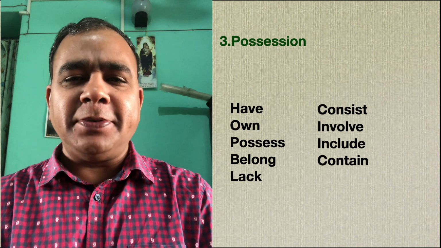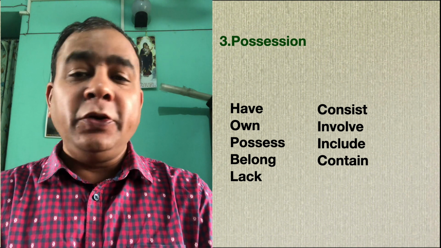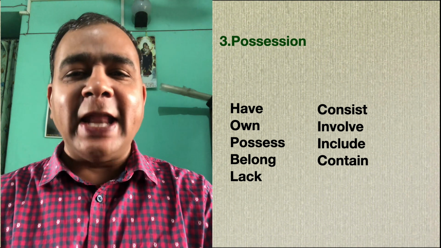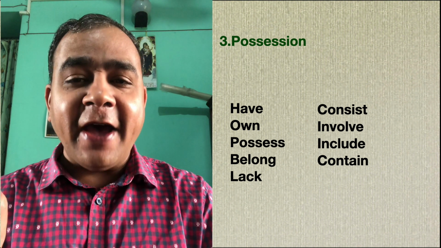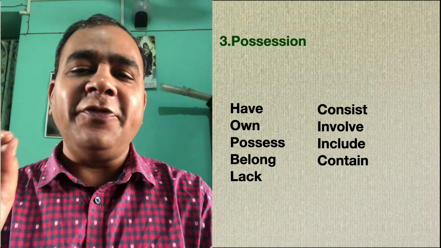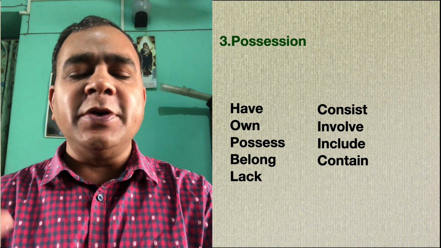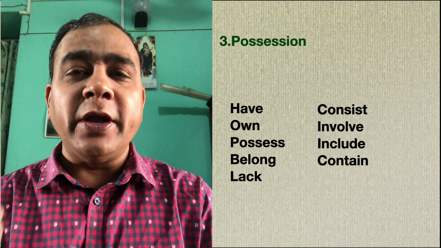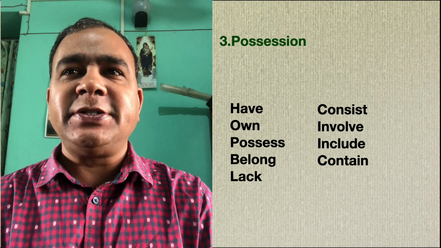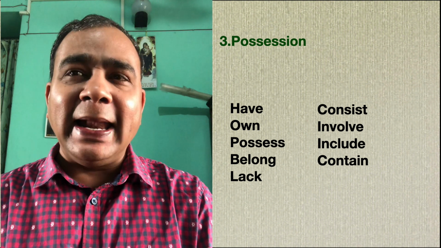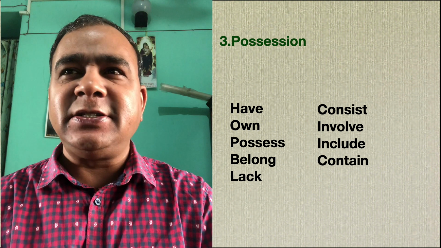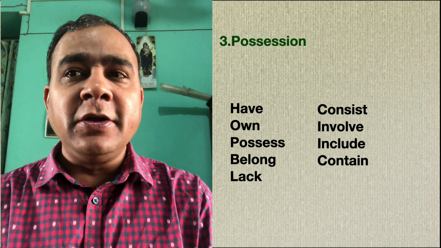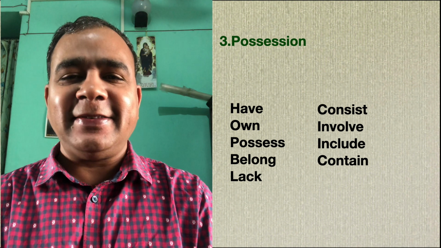I have a laptop, Dell laptop. You cannot say I am having a laptop. Okay? Have is a stative verb. So how many other verbs are there? Let us see. Have, own, O-W-N, own, possess, belong, lack, consist, involve, include, contain.